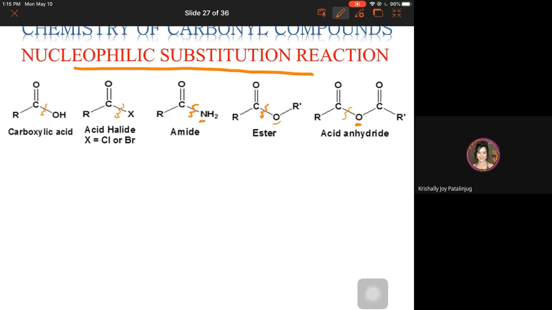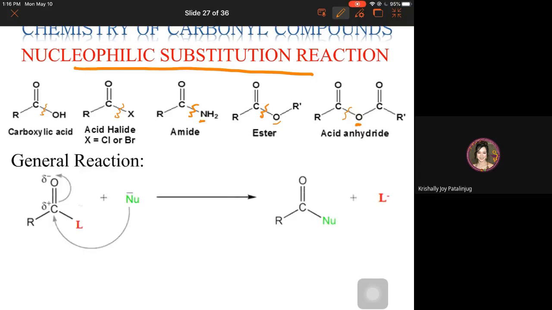So we have an idea what substitution type of reaction means. When we say substitution reaction, what happens here, say for example, this is any carbonyl compound, okay, containing a leaving group. So for example, it can be carboxylic acid, amide, ester, whatsoever.